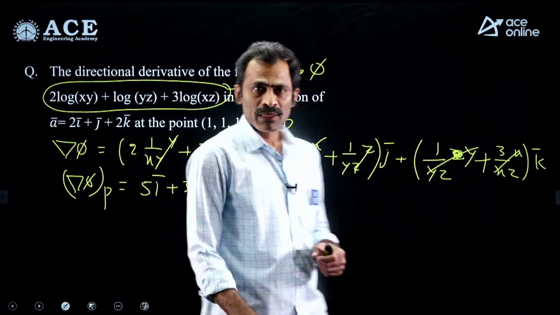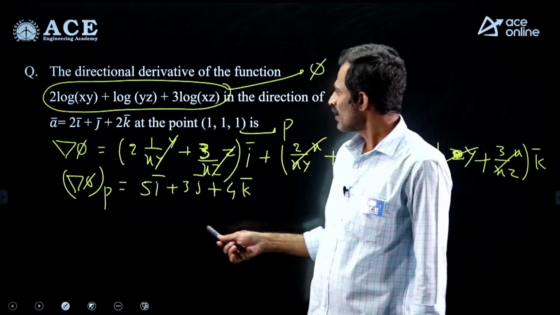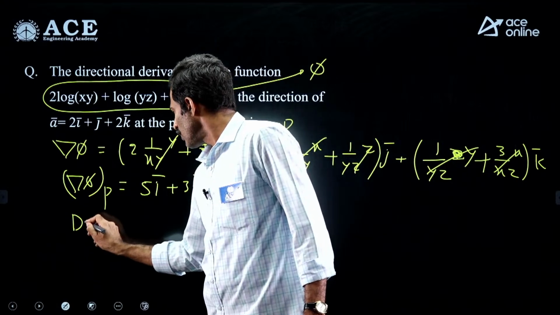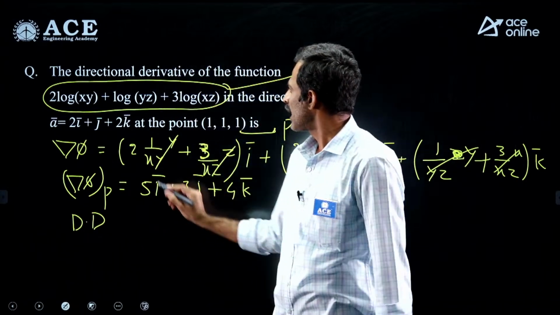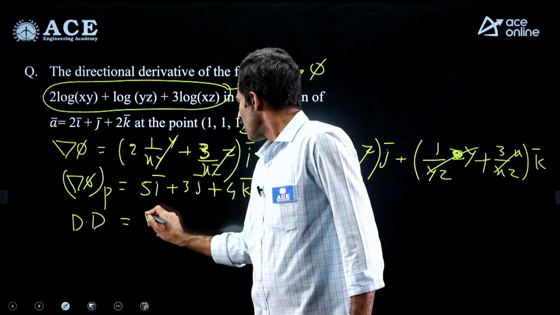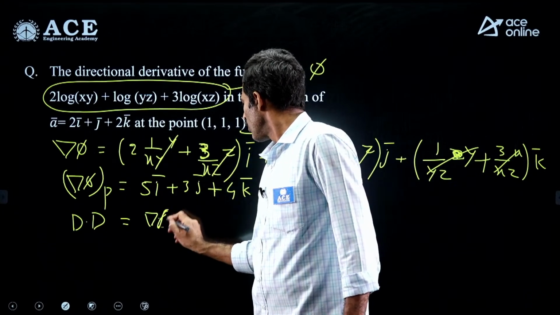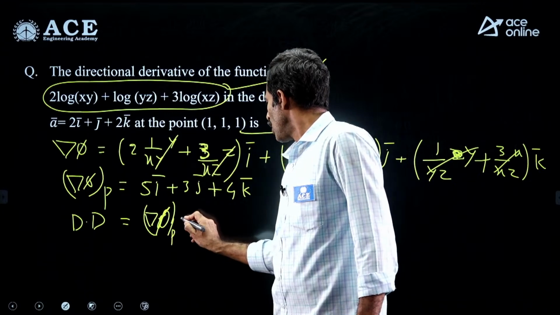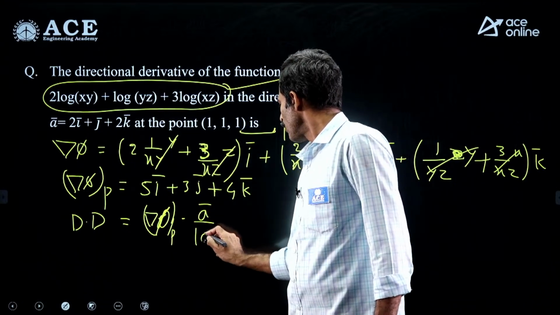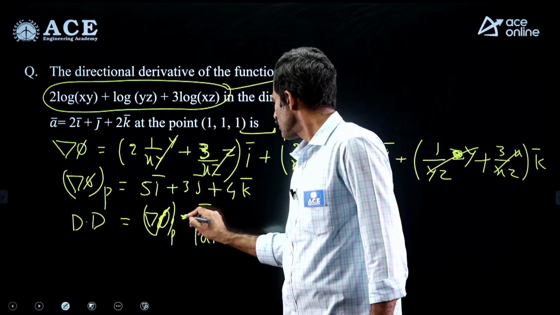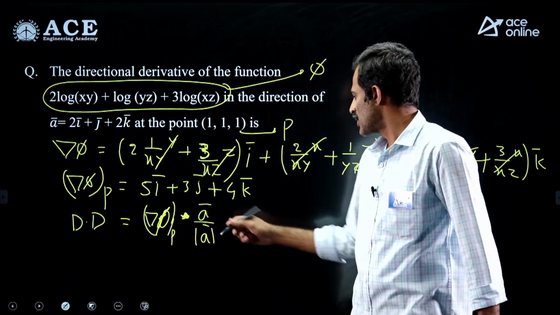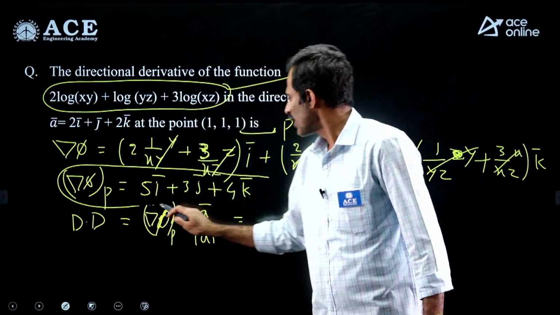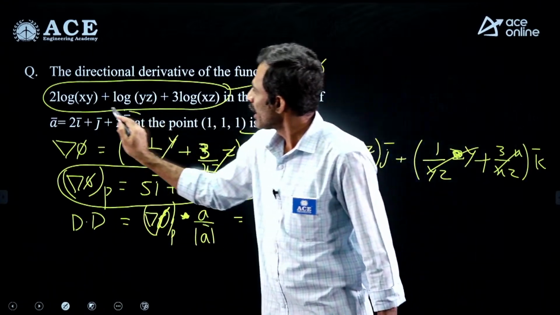This is the gradient of a vector function, but we require the directional derivative of this function in the direction of this vector a bar. The directional derivative in the direction of a bar is given by del phi at a point P dot a bar, by modulus of a bar. Now del phi at the particular point is a vector, and a bar is a vector.